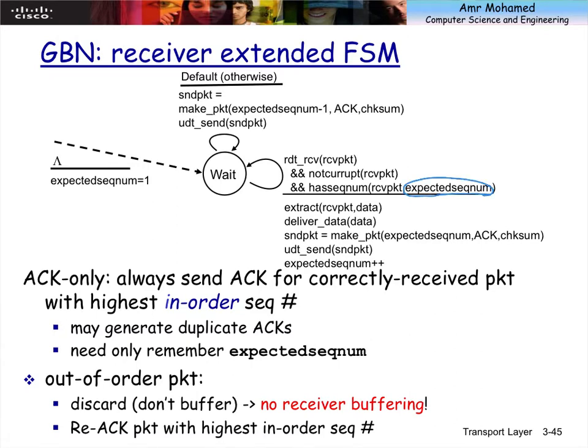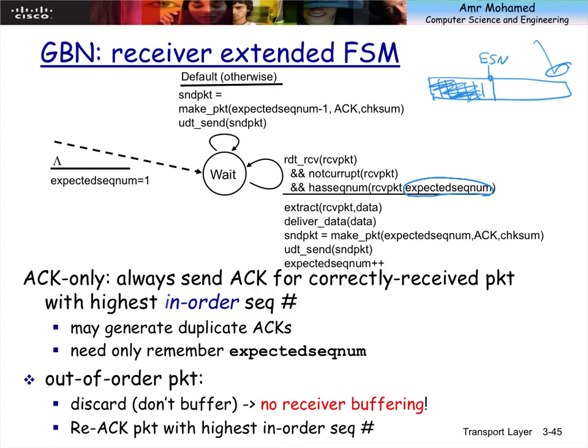This expected sequence number is the only parameter I need to maintain at the receiver side. So the receiver, you see the buffer is like this. I have segments coming in, and this is the expected sequence number. All of these have been received, and this is the one I'm expecting. That's it.